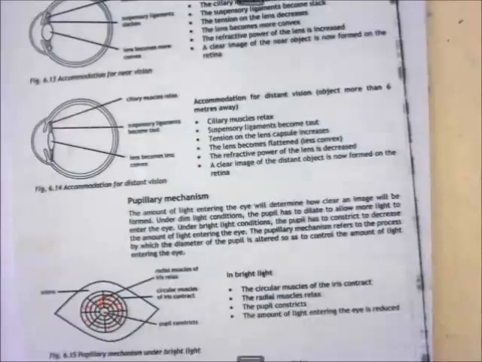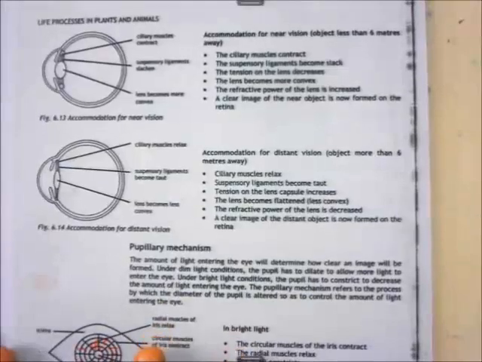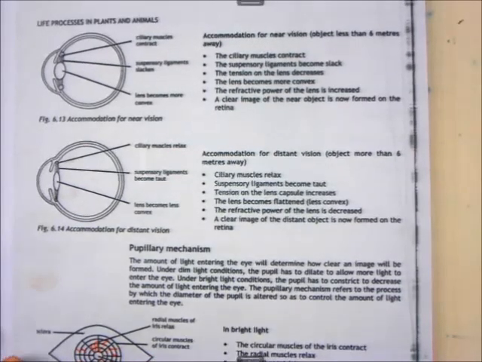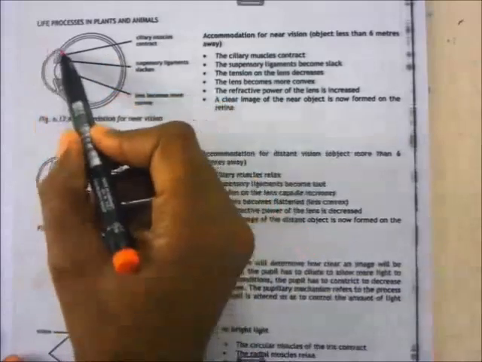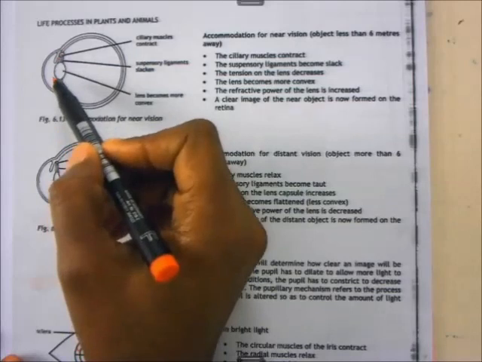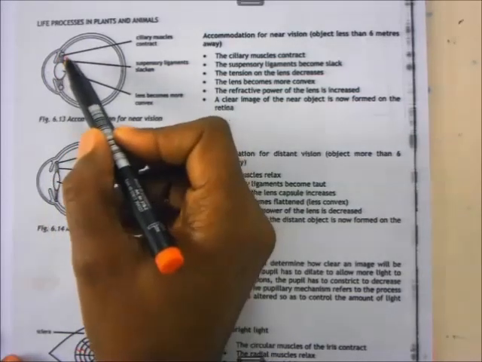Now we need to explain another important concept, which is called accommodation. Remember that when I was busy talking about the structure of an eye, I did say the ciliary body and the ciliary muscles play a role in what is called accommodation.